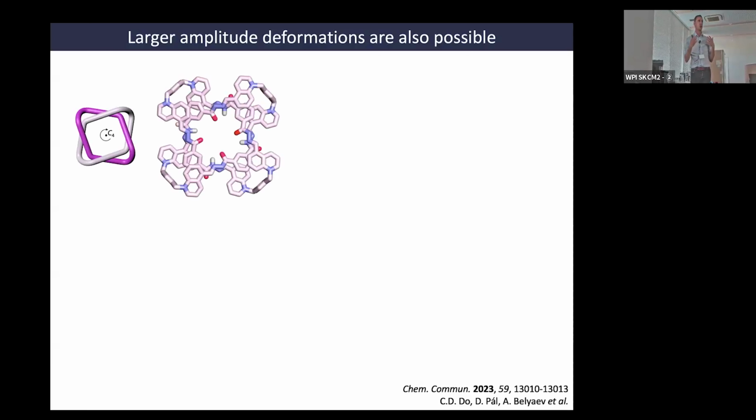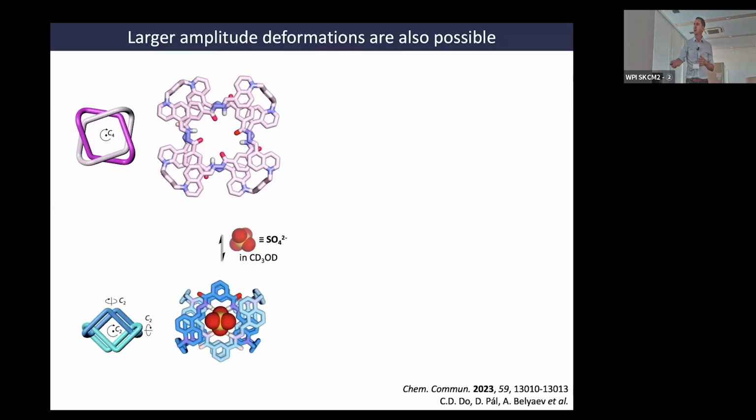This molecule can also undergo much larger conformational transformations, but of course you need to find the right conditions in terms of solvents and so on. And so here we recently discovered that in a different solvent, methanol, upon addition of sulfate, the molecule undergoes this quite large conformational change.